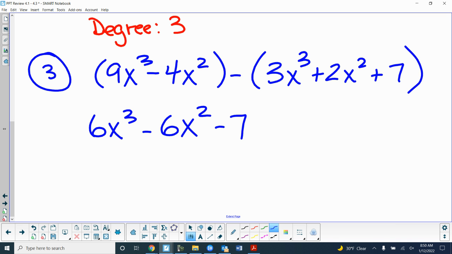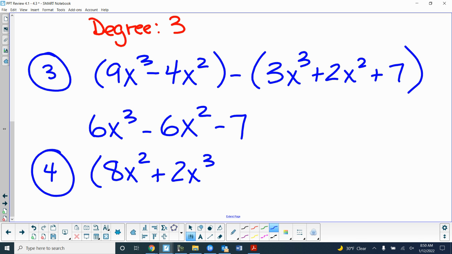All right, number 4 is an addition problem. Same thing. We're going to look at like terms, right? Again, if you want to write these vertically instead of horizontally, if that helps you, that's okay.